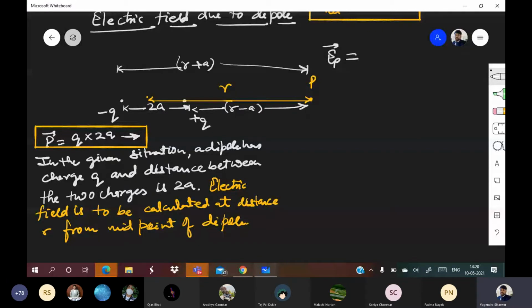Can you see now? The screen is lagging. Yes, sir. Okay, I am changing the network.